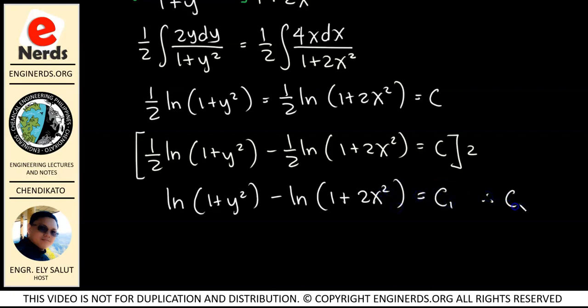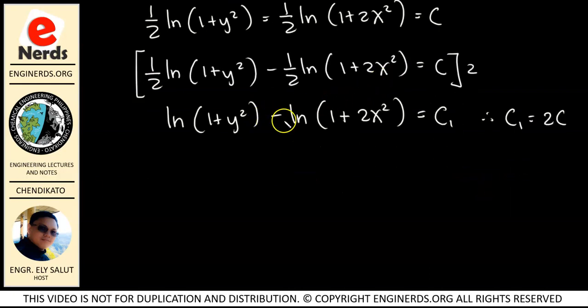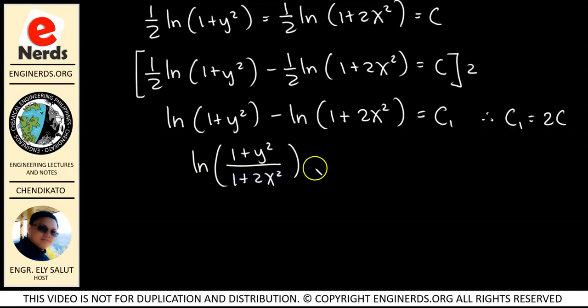Okay, where c1 is equal to 2c. Okay, so nag-introduce lang tayo ng bagong constant dito. Okay? Right, so now we know that we can simplify this, no, by using the properties ng logarithm. So I will have ln 1 plus y squared over 1 plus 2x squared, which is equal to c1.